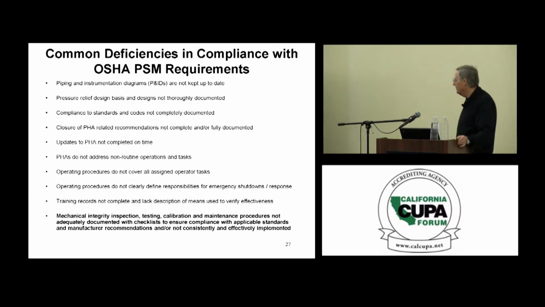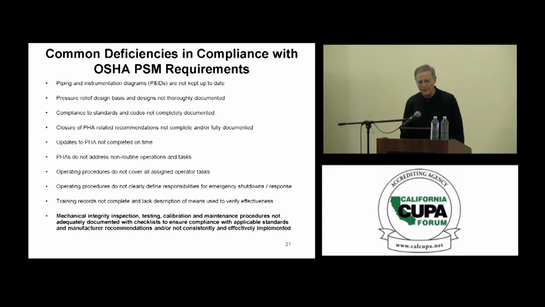So here are some common deficiencies, and those of you in the back, I'll read some of these for you. These are typically things that are found in process safety management. Closure of process hazard analysis related recommendations not complete or not fully documented.